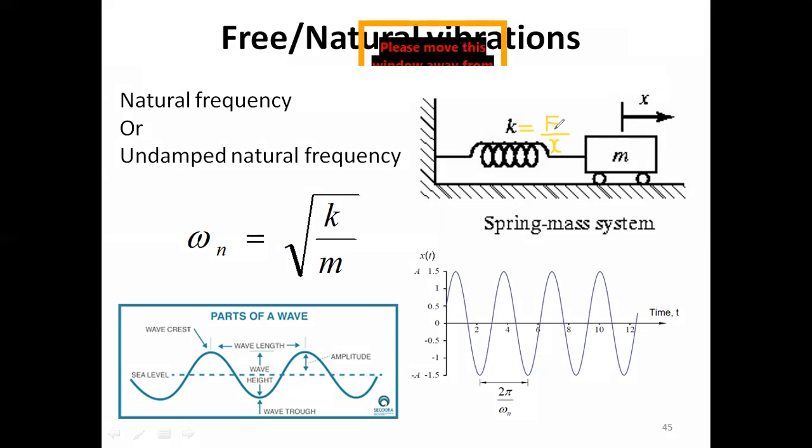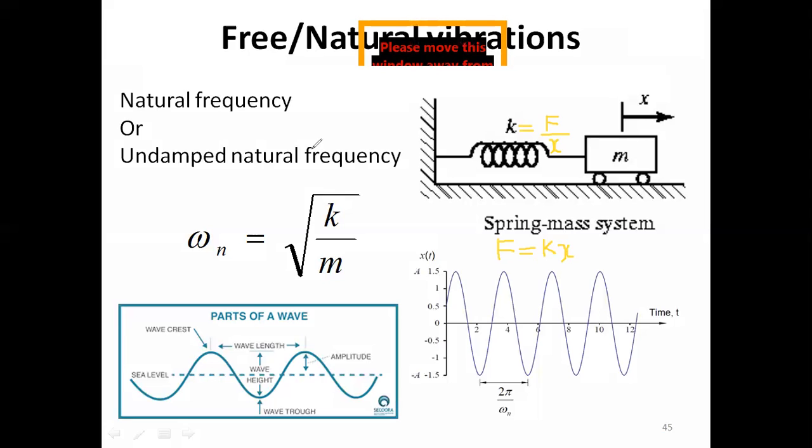So stiffness is F by X. Or the spring force, the force in this spring because of this vibration, from the stiffness equation, would be F is equal to K X. Here K is the spring constant, we call it the spring constant or stiffness of the spring.